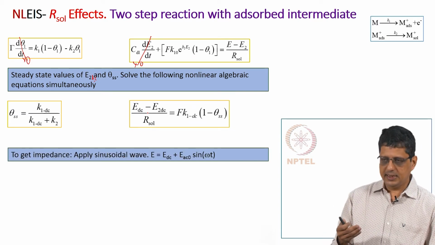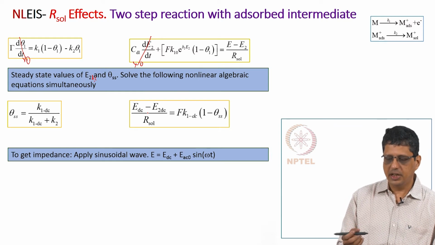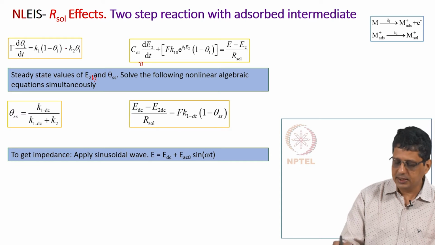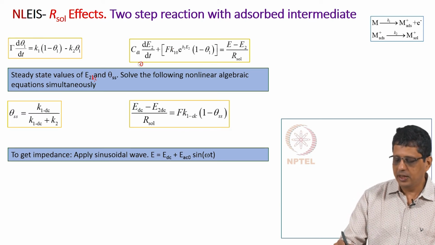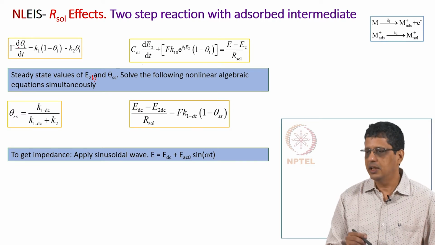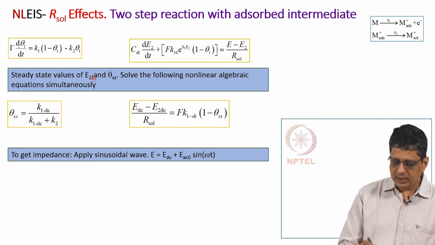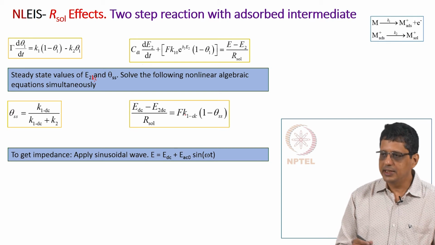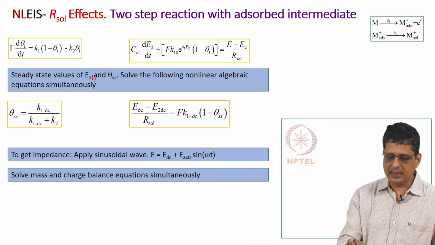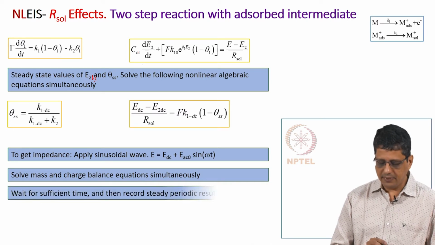Use that as the starting point or initial value and integrate these two equations simultaneously. So, we have independent variable as time, we have E 2 and theta 1 as the dependent variables, you have theta SS and E 2 DC as the initial points. So, you have to solve the mass and charge balance equations simultaneously.